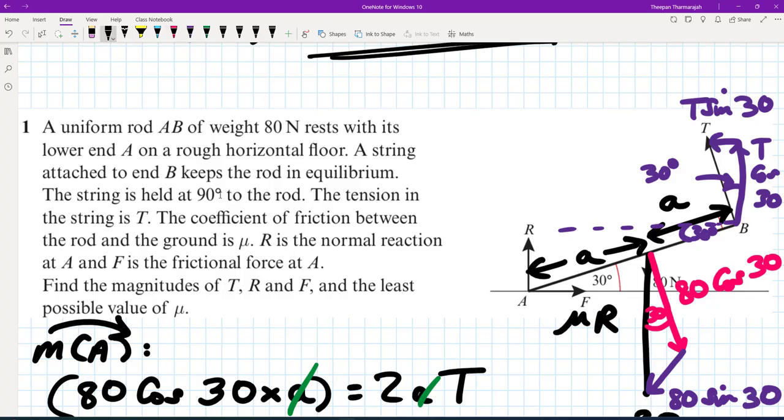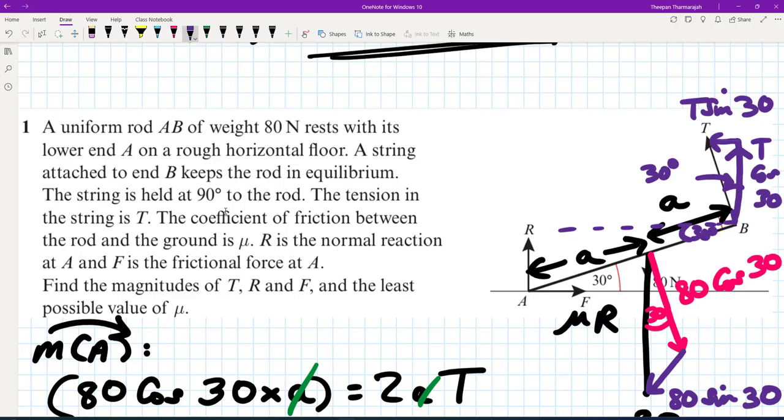So we can go ahead and say R plus T cos 30. So I'll just make the upward arrow a little bit clearer there. So it's like this and that.